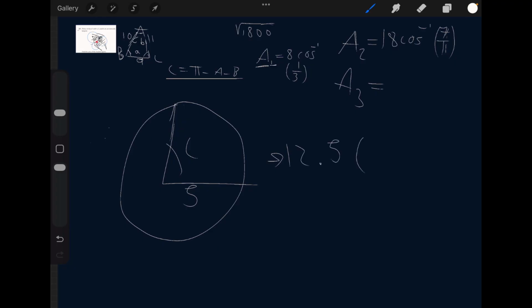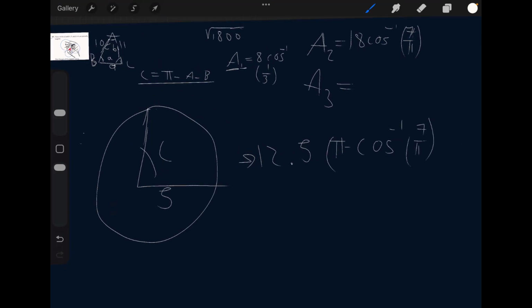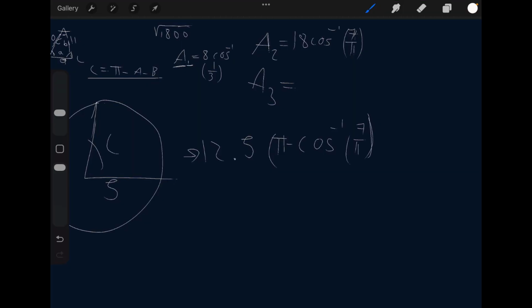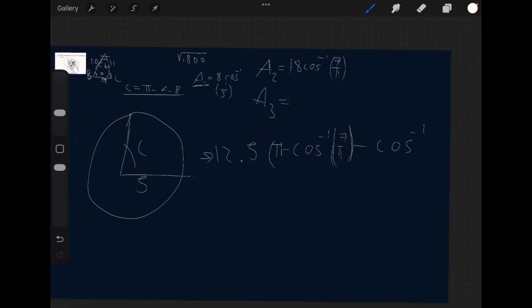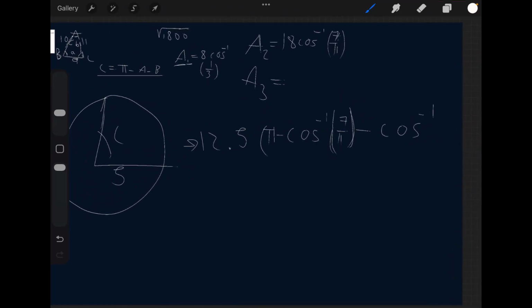12.5, and now we have to multiply this by C, and that's just pi minus A, and A was arc cosine of 7/11, minus the arc cosine of the angle B, which was just arc cosine of 1/3.